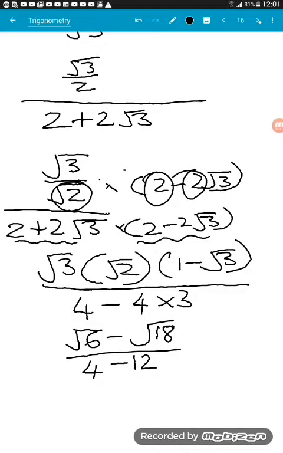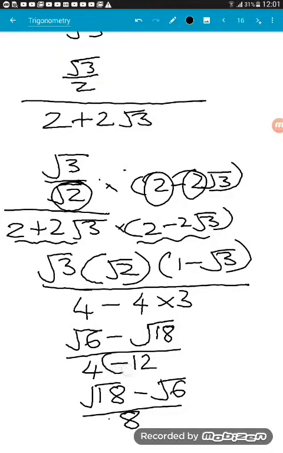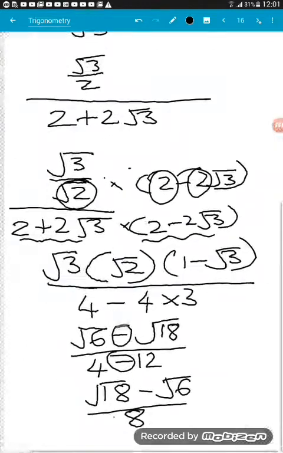Now root 6 minus root 18 over minus 8 we can write as root 18 minus root 6 by 8. To eliminate the minus sign, we are changing the sign.